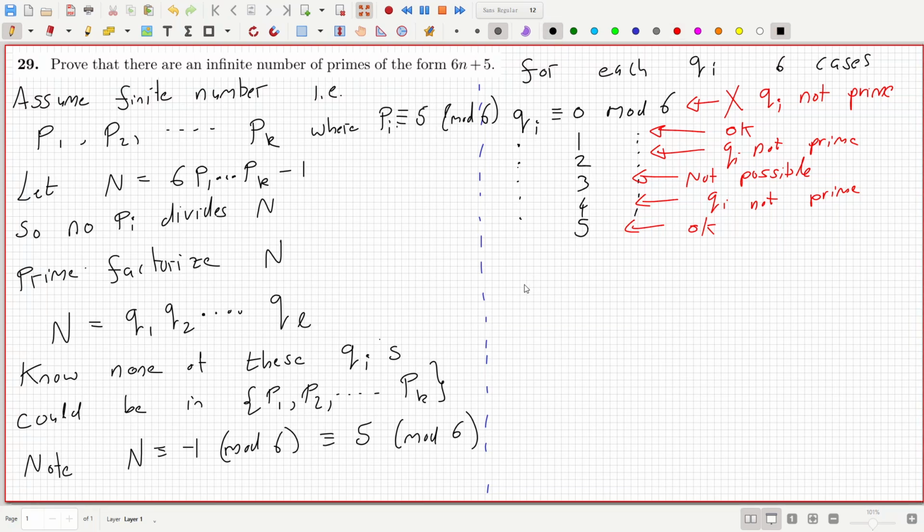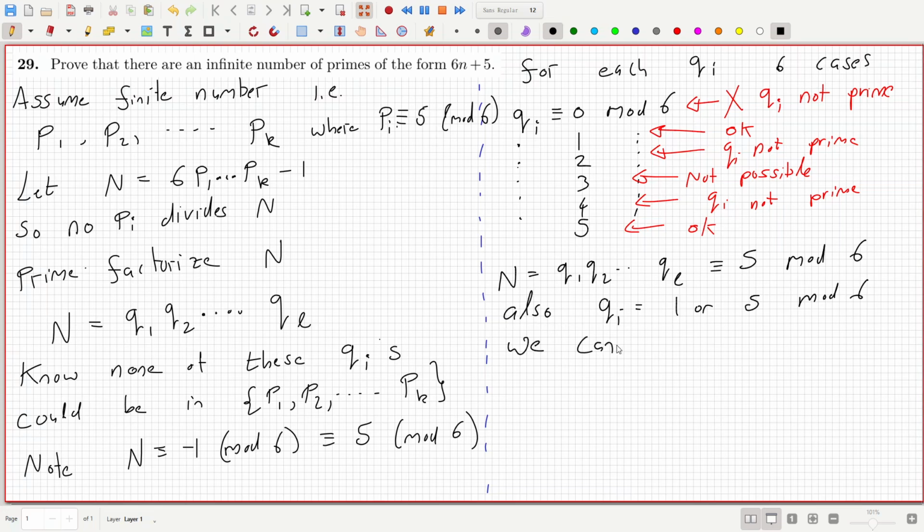Now, remember that n, which equals the product of the q's, has to be equal to 5 mod 6, and also each qi is 1 or 5 mod 6. So we can't have it that they're all 1.